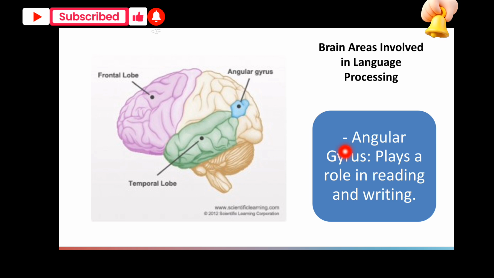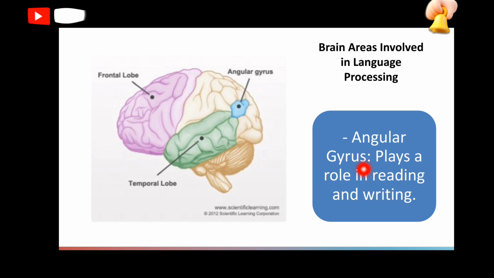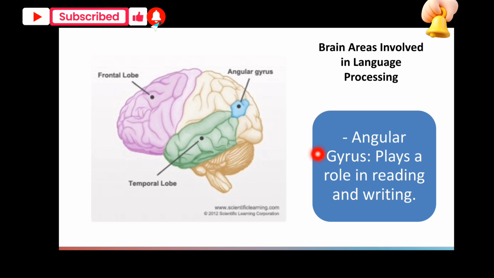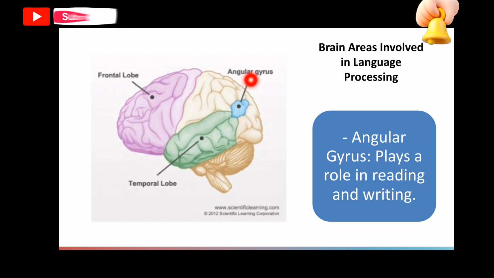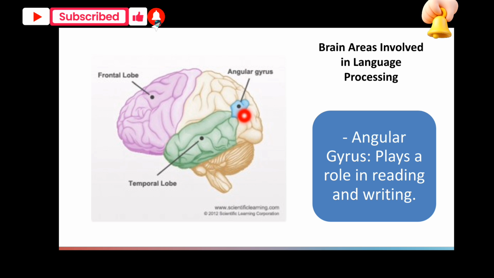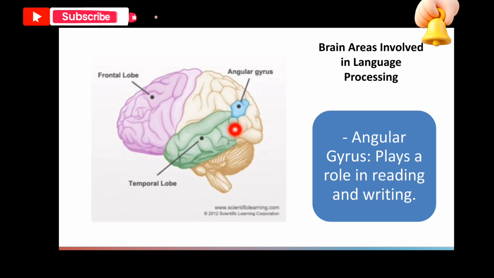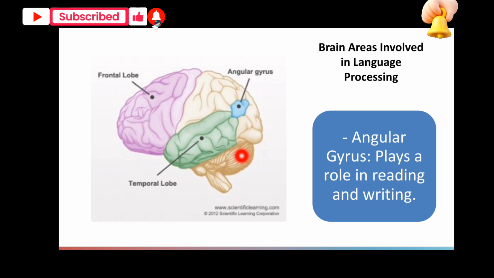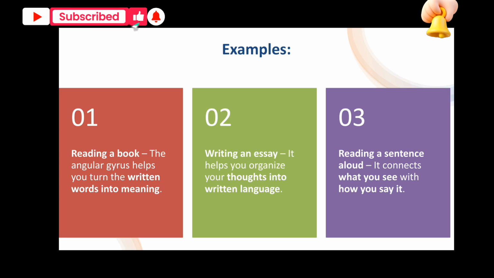And if this part of your brain is damaged, you will have issues and problems in reading and writing. You can see the temporal lobe and the frontal lobe, and here we have the angular gyrus. So this is the area responsible for reading and writing.